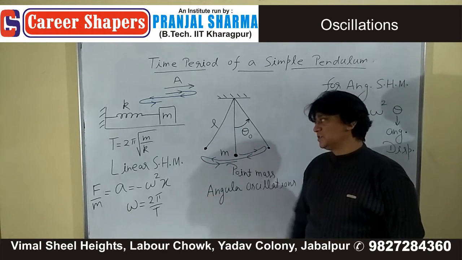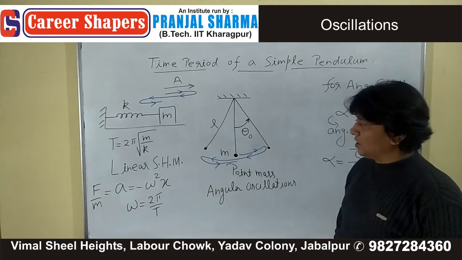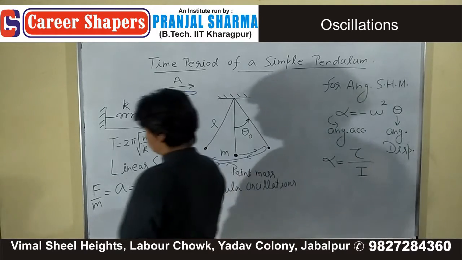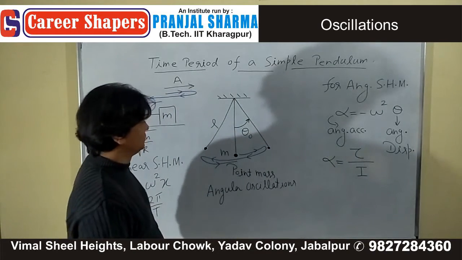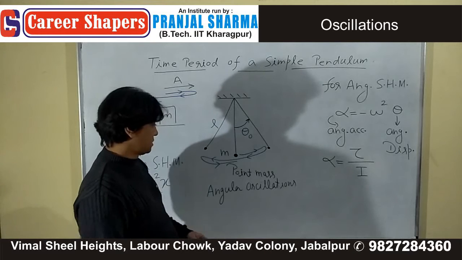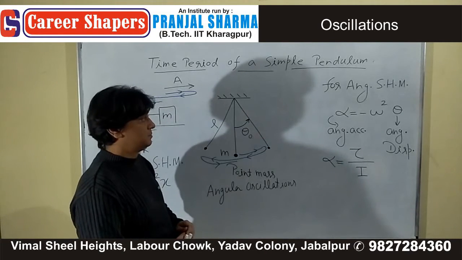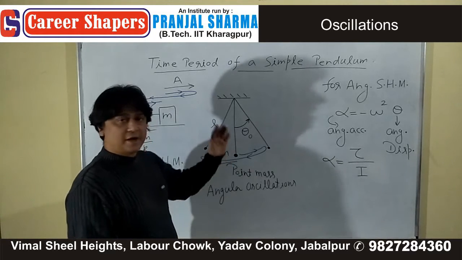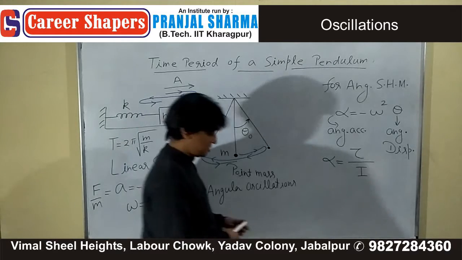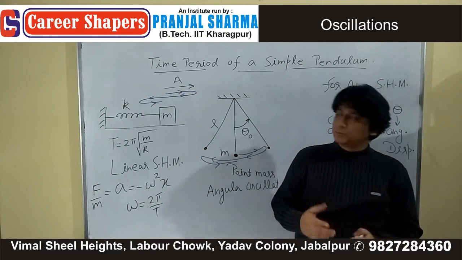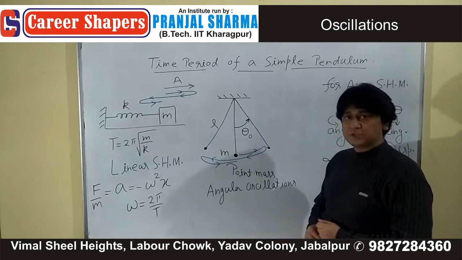In fact, write down this statement. For linear SHM, mean position is that position where net force is 0. Whereas for angular SHM, mean position is that position where net torque is 0.